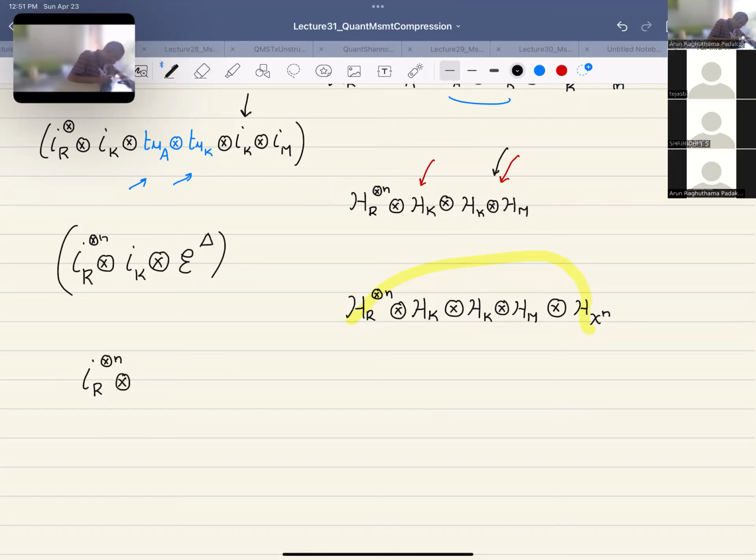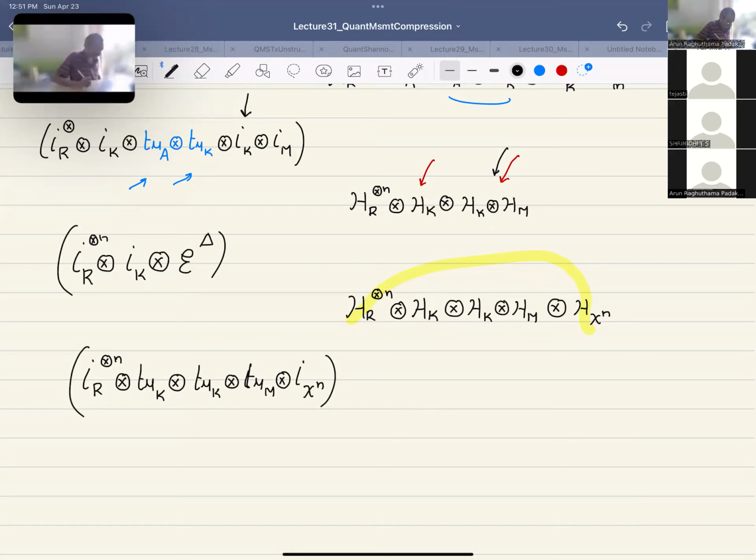Now I trace out the public coins in the reference space, because I don't want to measure that; it's not even there in the original guide. I'm going to trace that out. Whatever public coins and whatever message Bob is given, trace it out. Finally, I'm only asking, have I simulated the measurement? That's the question. So I keep the xn space. This is my final measurement post all of this.